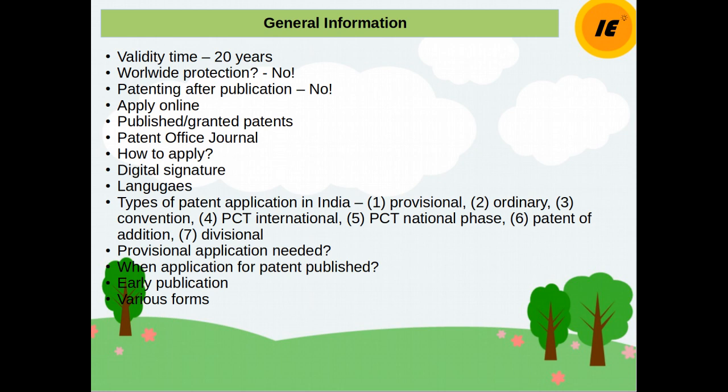Now, a very important thing we will discuss is the types of applications. There are various types of application, and here we will discuss, more importantly, the international application, which is very interesting to know. The first type is the provisional application. I will read it from the document itself. Indian patent law follows a first-to-file system. A provisional application is an application which can be filed if the invention is still under examination stage.